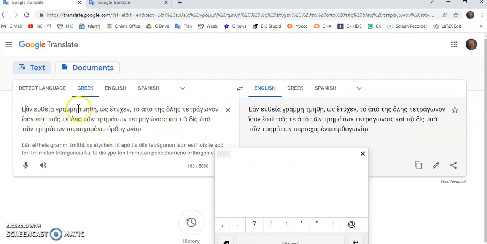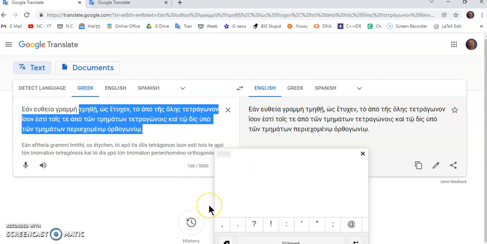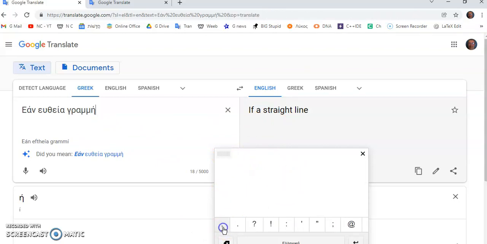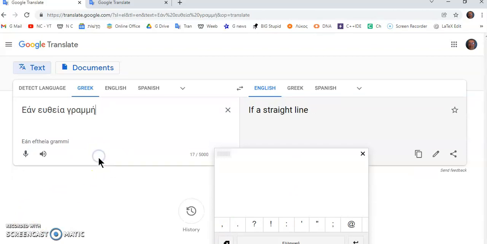If you get rid of all that, because I don't want it all to be there, now suddenly you've got something which seems like something that makes sense. So if a straight line, and of course that there also in the modern Greek is written that way. So that means if a line, if a straight line.